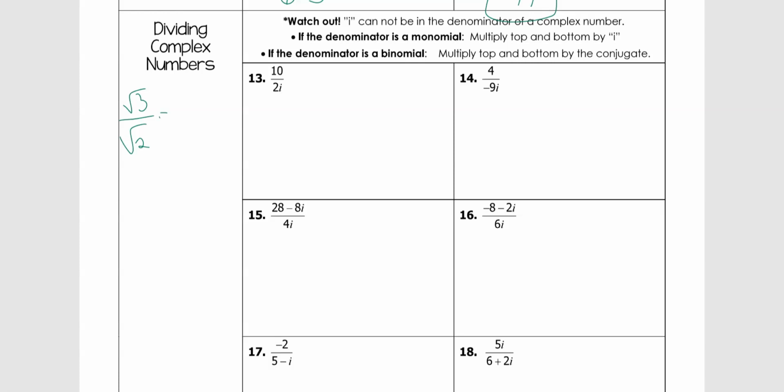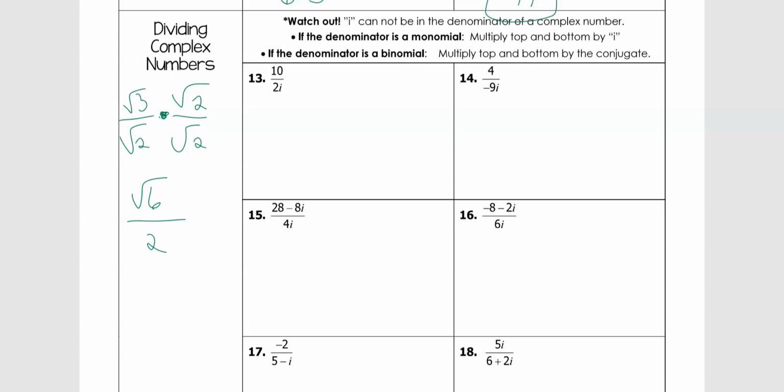So we are going to multiply by a variation of 1 to get the radical out of the denominator. We're going to do square root of 2 over square root of 2, because we want the bottom number to become a whole number. So square root of 3 times square root of 2 is square root of 6, and square root of 2 times square root of 2 is 2. That's how we would get the radical out of the denominator if we were using radicals.